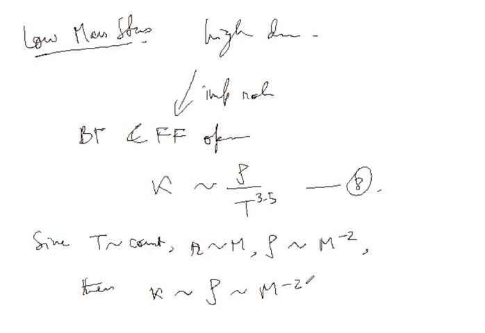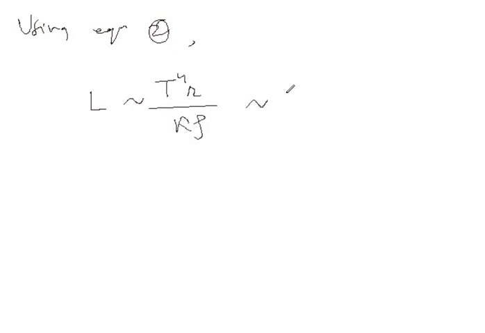Now we will use equation 2. So this time using equation 2, we have L scales as R divided by kappa into rho, so this scales as R by rho square or M to the power 5. Again, hooray! So this is what we have observed for low mass stars.